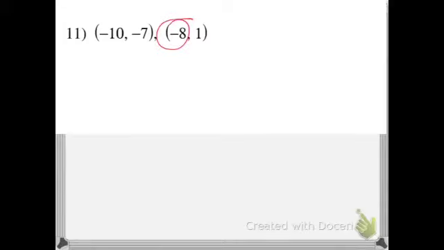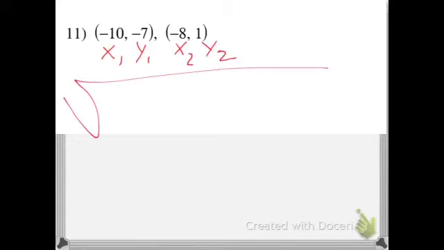For this one, our second number is bigger, so -8 is bigger than -10. So the -10, -7 point is x1, y1, and -8, 1 is x2, y2. I'm going to use that in our distance formula.